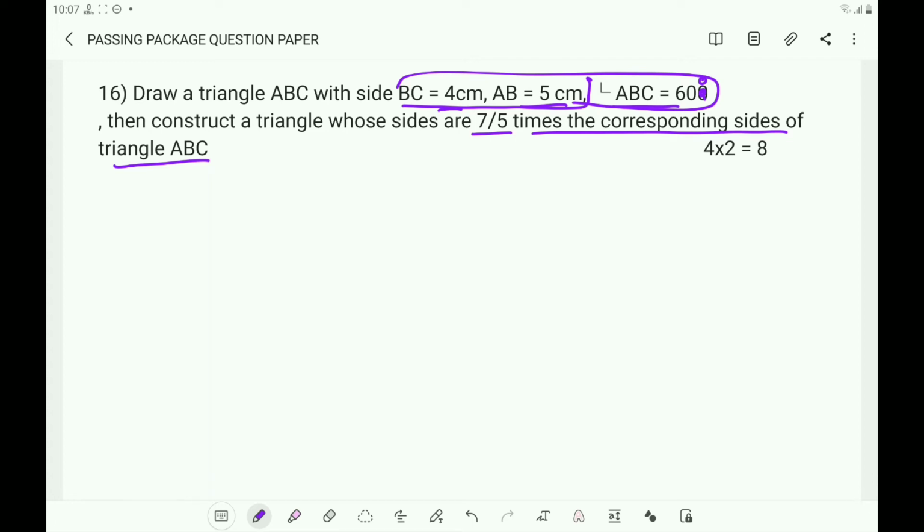First you draw the base line, that is of how much? 4 cm, and construct a 60 degree angle at point B, and that is AB. How much is it? 60 degree angle, so it must be here.